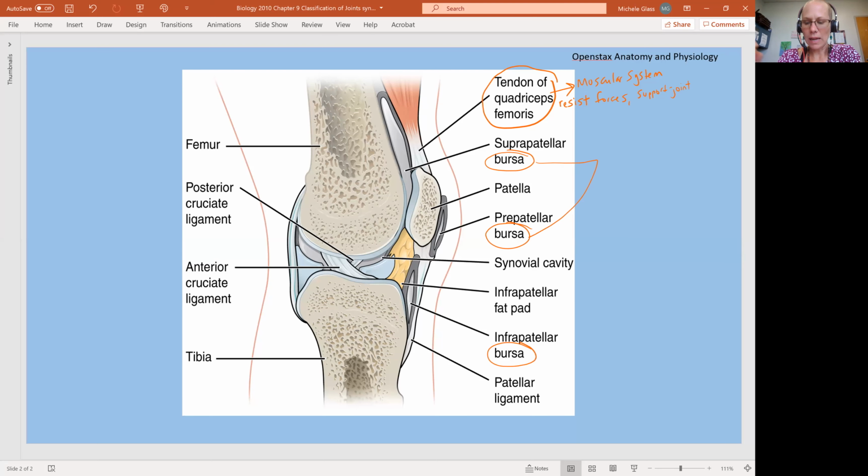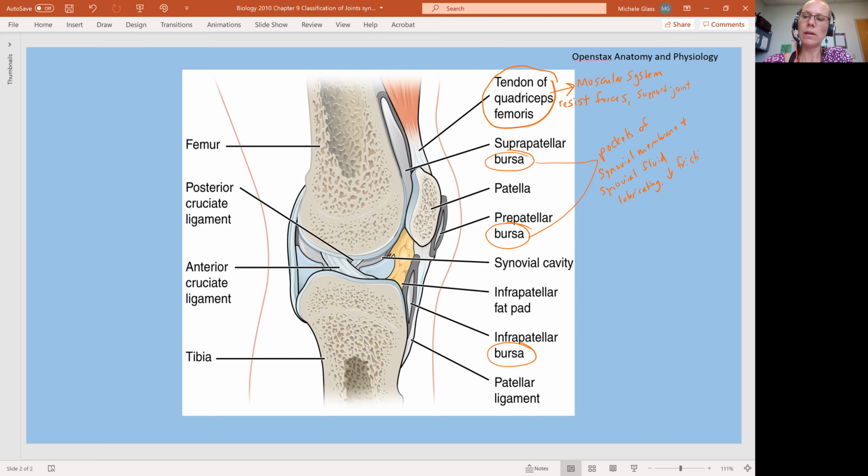are going to be pockets of synovial membrane and synovial fluid. These are outside of that joint capsule. So they're going to be lubricating and reducing friction.